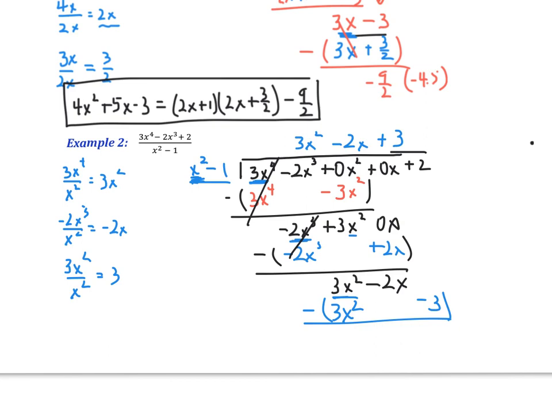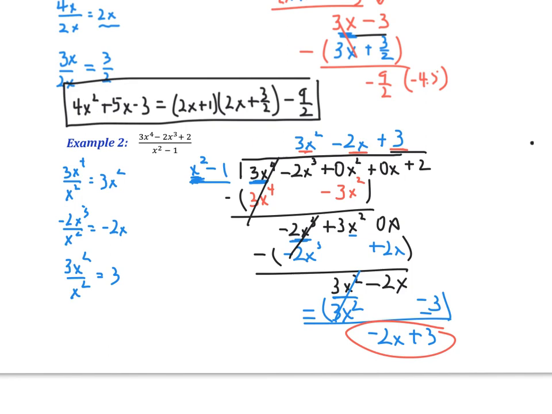And when I do that, my x squareds cancel. I've got a negative 2x that I can bring down. And then I'm subtracting a negative 3, which means I'm adding a 3. And this, then, is technically my remainder, because I went from an x squared down to an x down to a constant, and so I don't really have anything else I can go beyond, so this is my remainder.